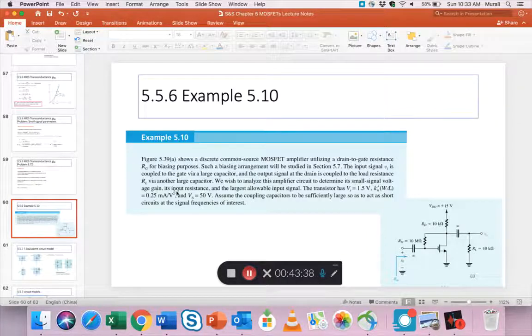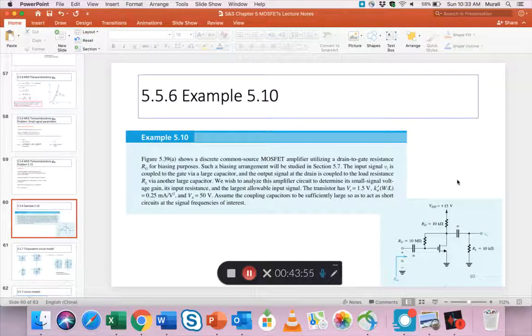Otherwise, one more interesting aspect about it is how the gate bias is being derived. We haven't done too much in the way of biasing.